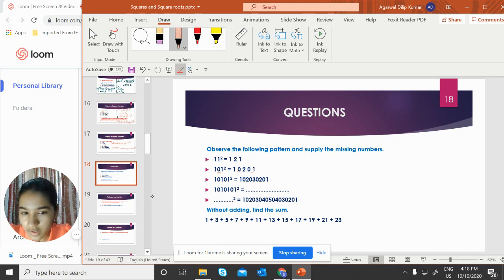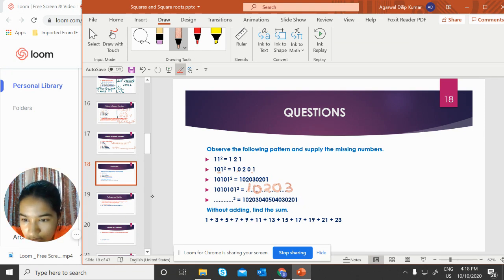Oh, so it's a pattern. Let's see how. Here there are 4 ones and 3 zeros in this square. So what are we going to do? 1, 0, 2, 0, 3. If there are 2 zeros, there are 4 zeros.